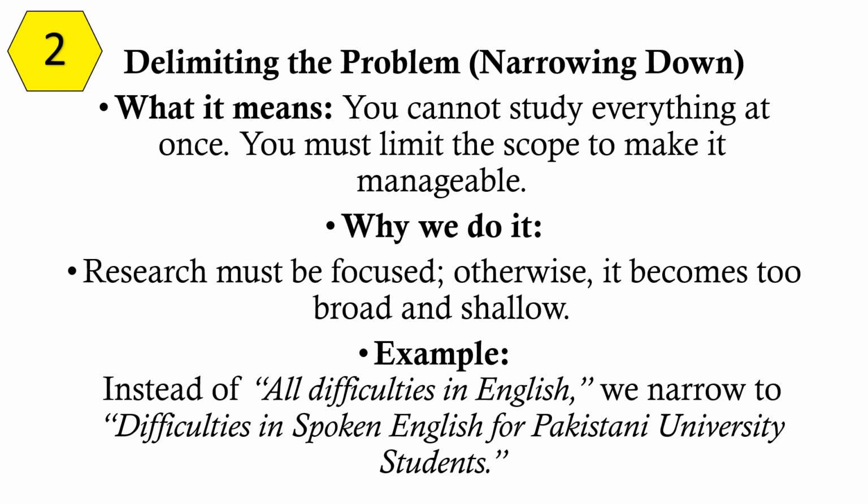There are so many students in Pakistan who are studying English and cannot speak in English at school level, at college level. But I selected those students who have difficulties in spoken English for Pakistani university students. And further on, when I go to the delimitation portion, I can further delimit it to one single university, like 50 or 100 students of one university from one department. So that goes for my sampling technique.